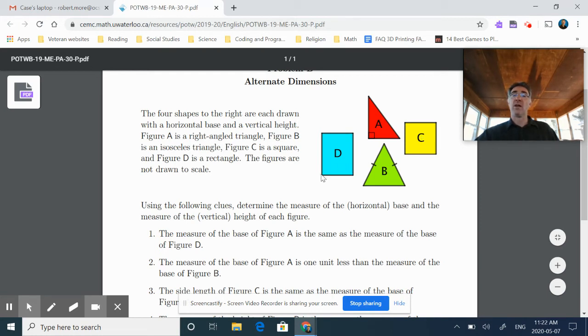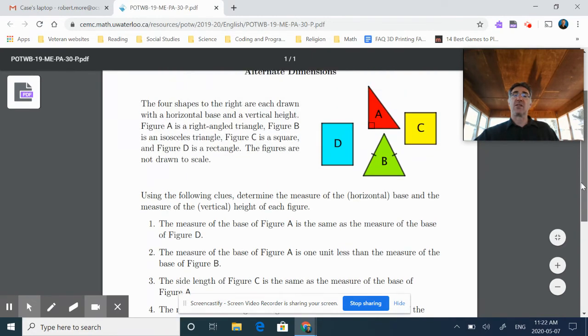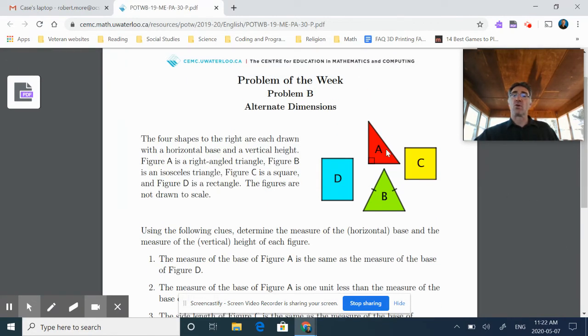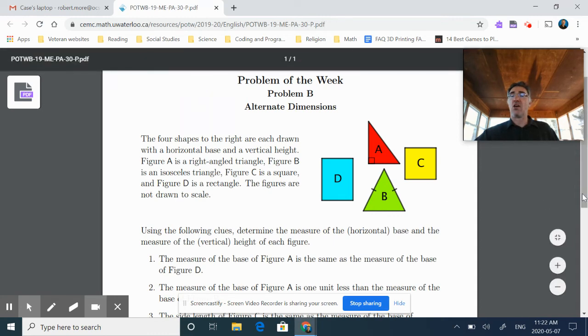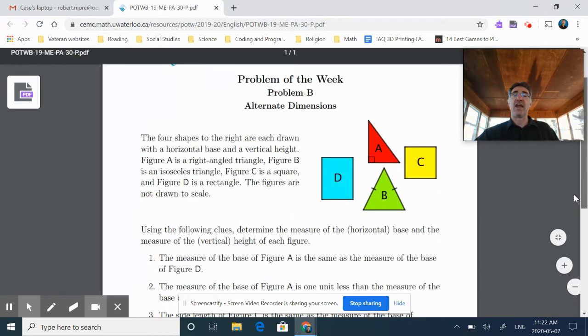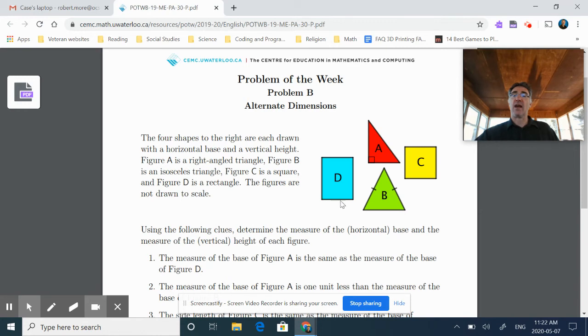But we don't have any relationship related to this side on D. And so that's where number 6 is going to become important. We're going to need to solve these 3 first, eliminate that off of that total number of 38. And then because we have the 1 value on D, we'll be able to figure out the other value for the vertical height for D.